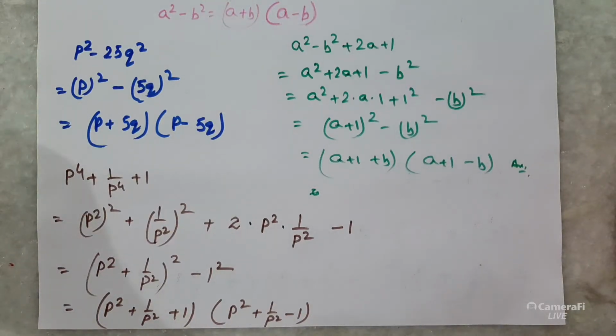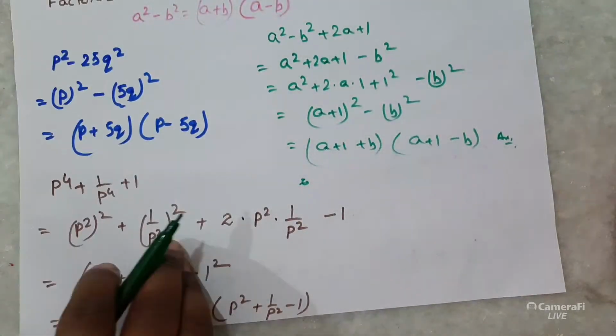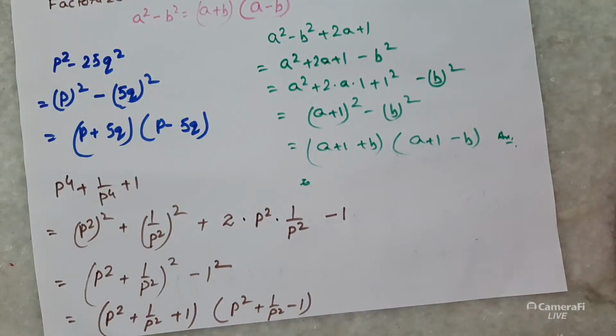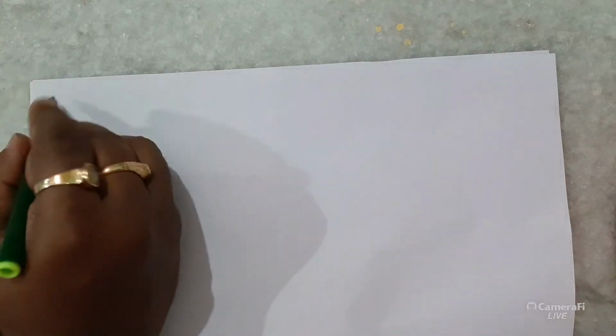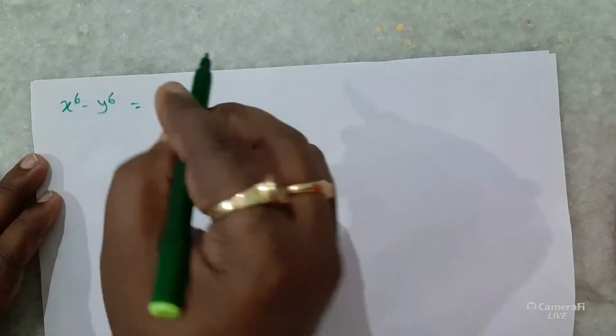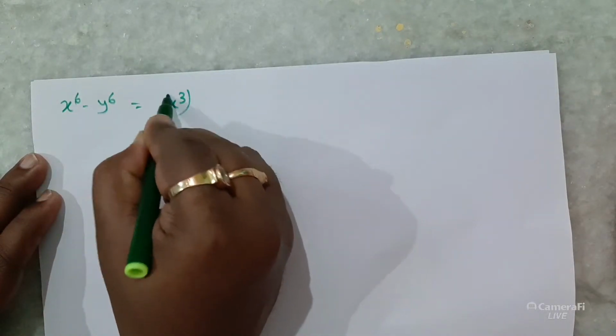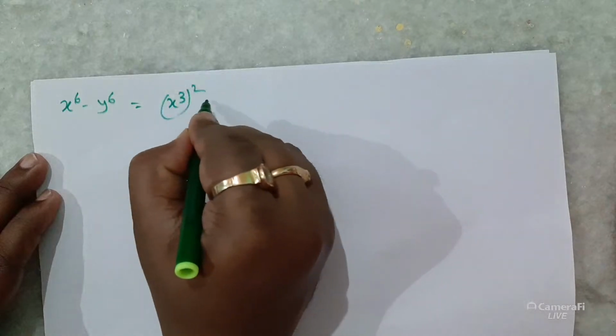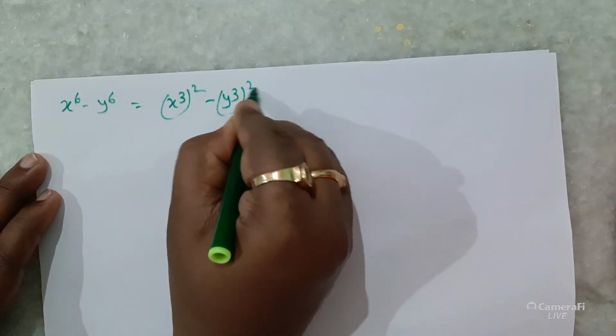Next is x to the power 6 minus y to the power 6. This will be x cube whole square minus y cube whole square.